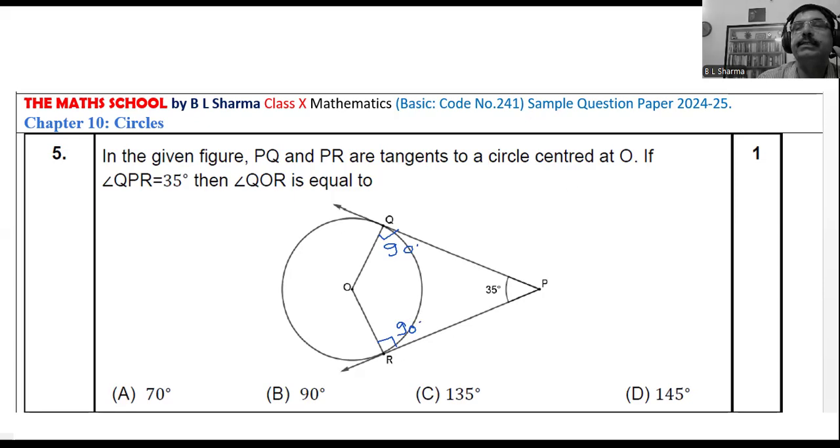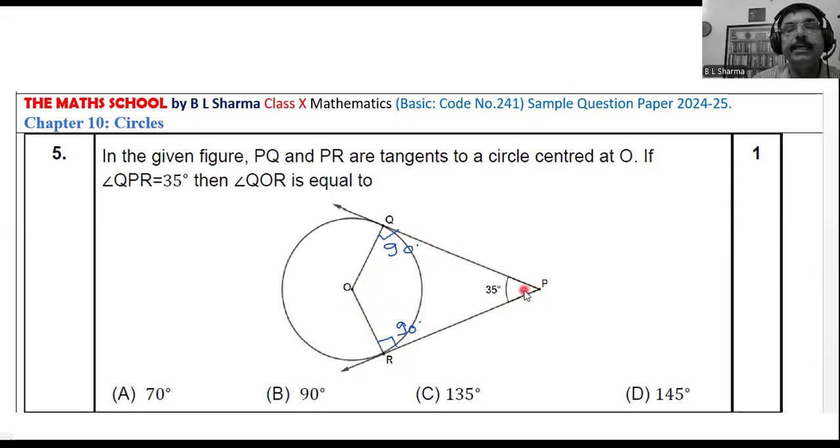And we know that OQPR is a quadrilateral. And we also know that the sum of all four angles of a quadrilateral is 360 degrees. So see, 90 plus 90, that is 180. It means angle P plus angle O, their sum should be 180 degrees.